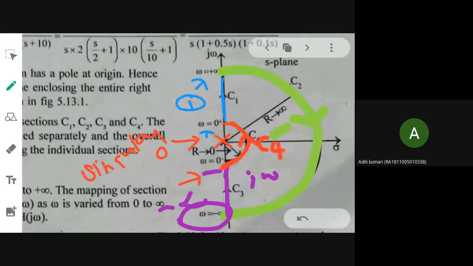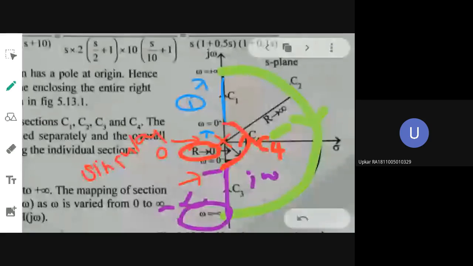That is again an arc, but what is the radius of that arc now? 0. So this contour is called what contour? Nyquist contour. Like this you have to draw a Nyquist contour for the given problem.